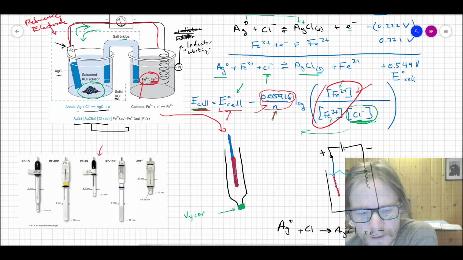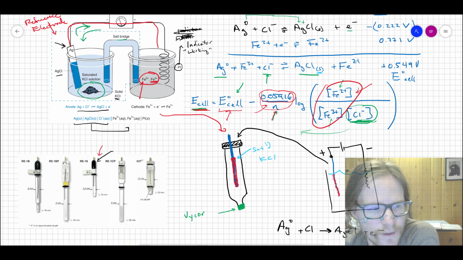And then you pull that electrode out and you put it, coated, into this glass tube, and then you fill this thing up and you cap it. You cap it with a little rubber cap, just like this here. And you fill this thing up with saturated KCl, which is what this stuff is here. How do you do that?